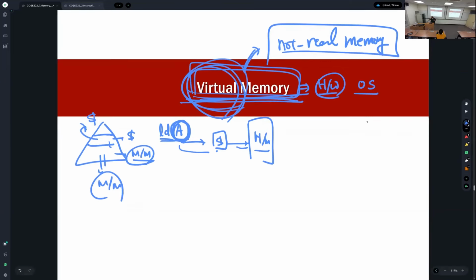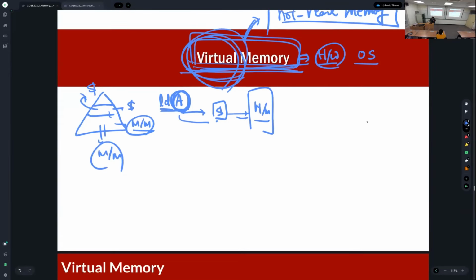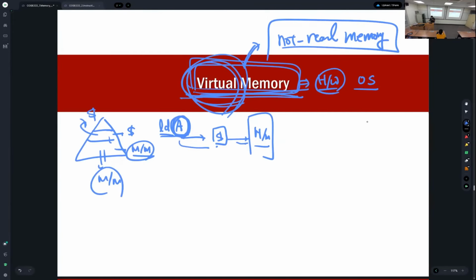I will explain the concept of virtual memory. When the computer system was originally designed, the main memory, DRAM, was very expensive, and the DRAM size was also very small.